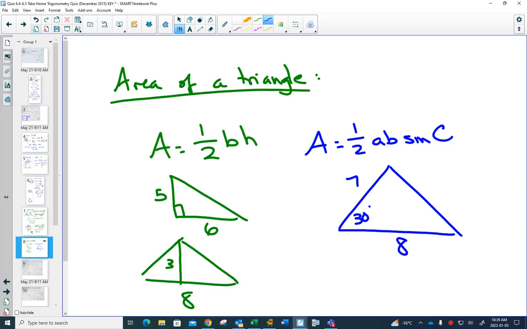If we have this, I would get 1/2 times 7 times 8 times sine of 30 degrees. This could be on a non-calculator part of your test. Why? Because 30 degrees is part of our special triangles.